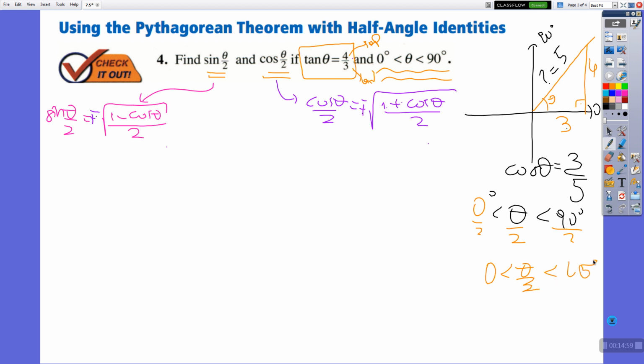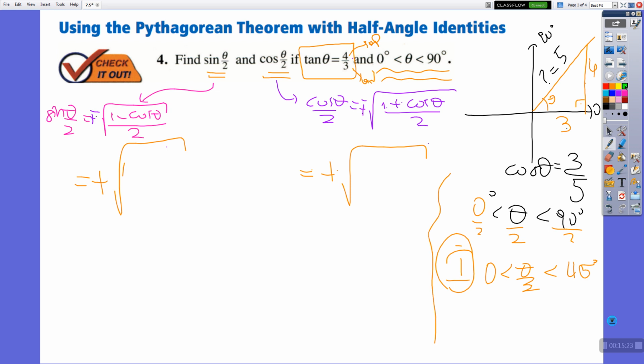So theta over 2 is between 0 and 45, so it's still in the first quadrant. In the first quadrant, sine and cosine are both positive.